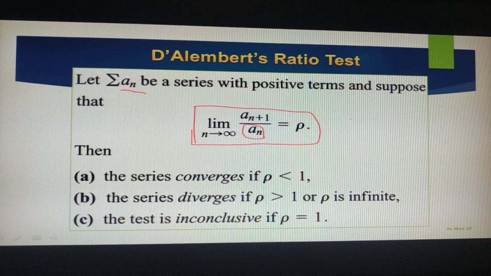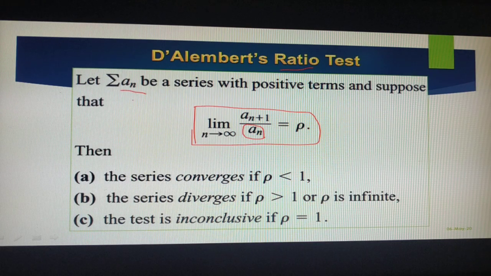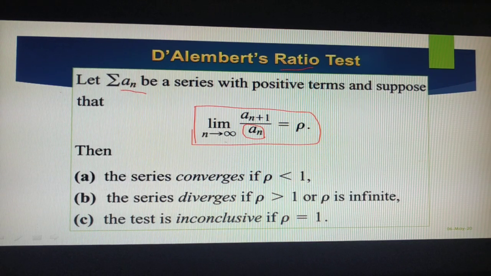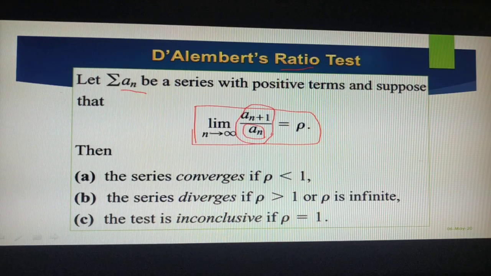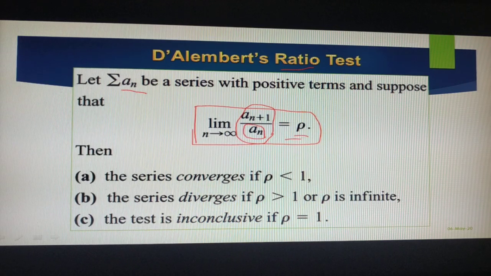Now in this D'Alembert ratio test, as the name suggests, we have to take the ratio of the n plus 1 term by the nth term. In this series the n plus 1th term is an plus 1 and the nth term is an. You take its ratio, then apply the limit n tends to infinity, and you will get a certain limit. That limit may be finite or infinite, it doesn't matter.